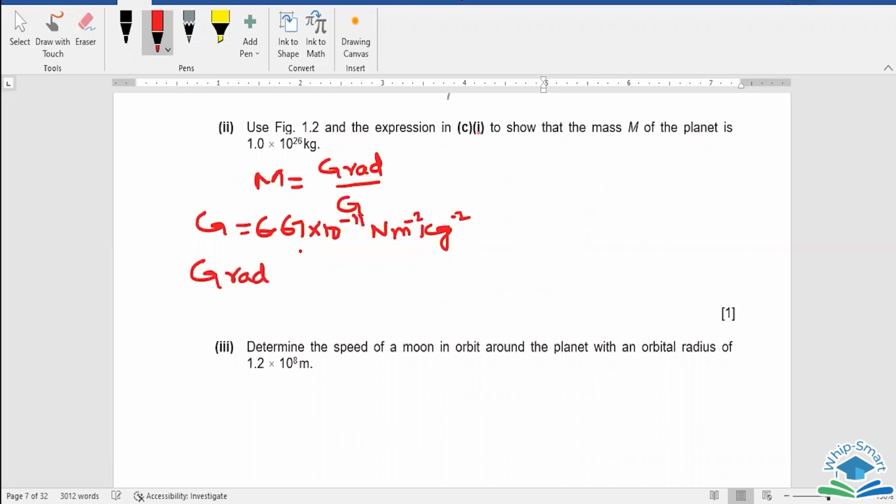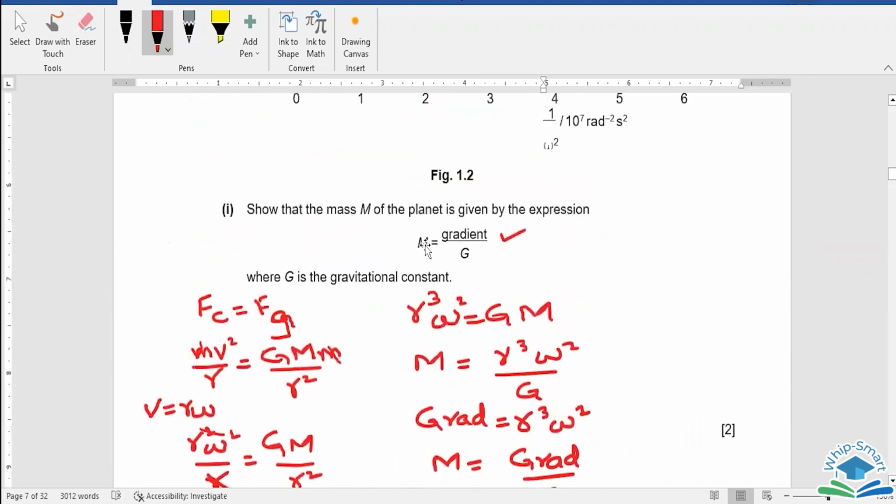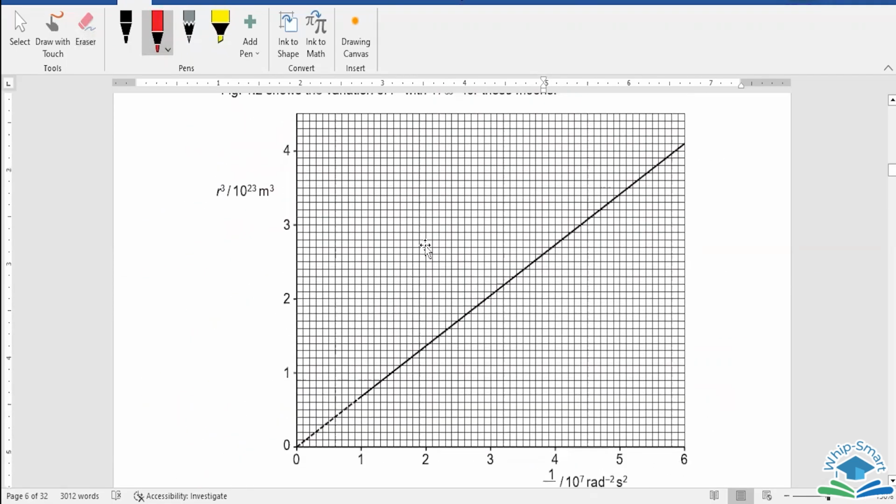Gradient is actually y by x. It's a ratio of vertical over horizontal. So from the graph we can get these values in a very simple way. This point connects to this point on the vertical axis.